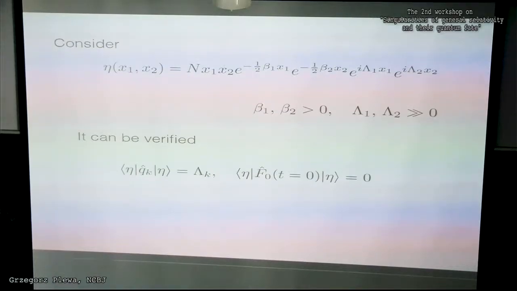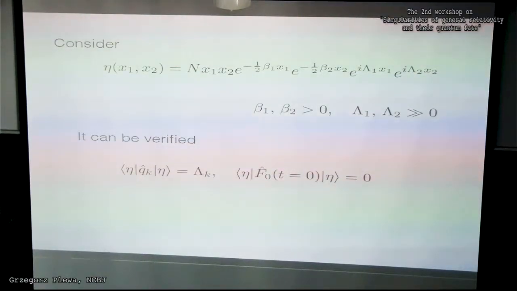Now, in the previous talk, a very general form of the eta function was presented, satisfying the conditions that guarantee our evolution will be unitary and the state is well defined.